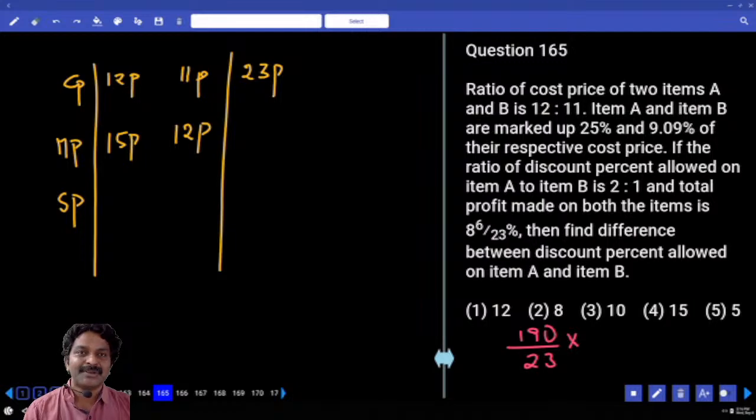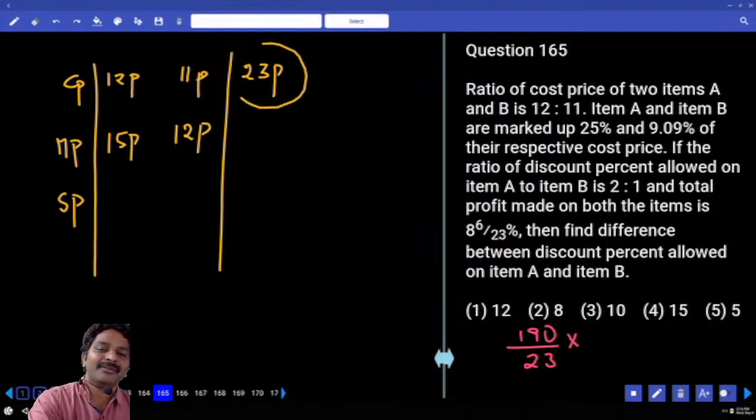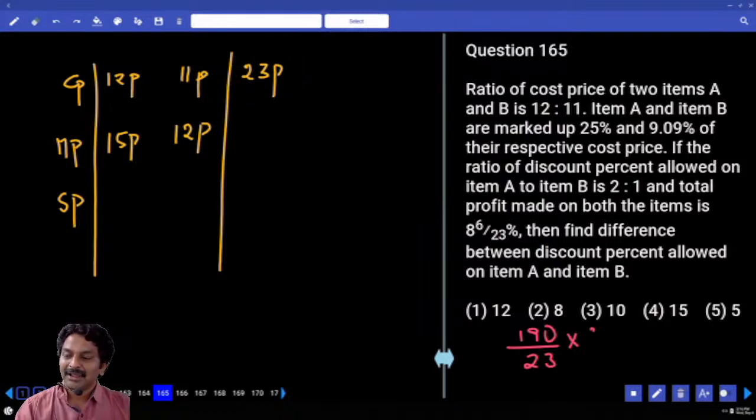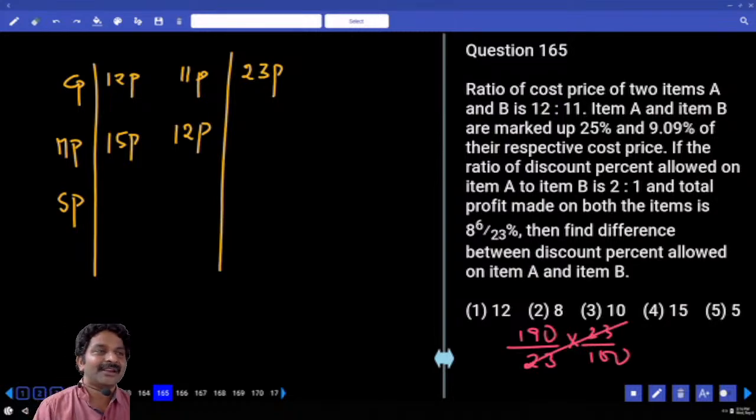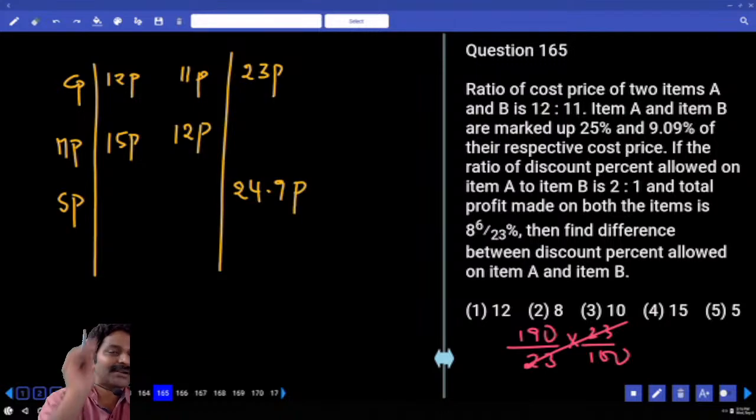Percentage in the sense 1% value. 1% value upon 23 parts is 0.23 only. Otherwise 23/100 also you can write. 190/100, that means 1.9. If 1.9 parts profit is made, then we are selling it at 24.9 parts. Yes.